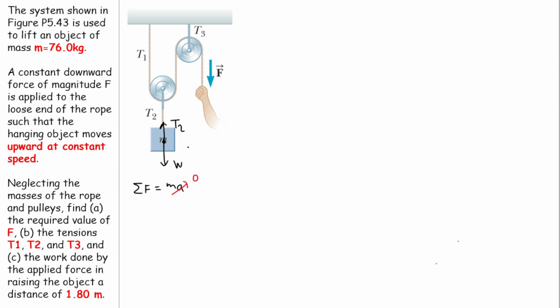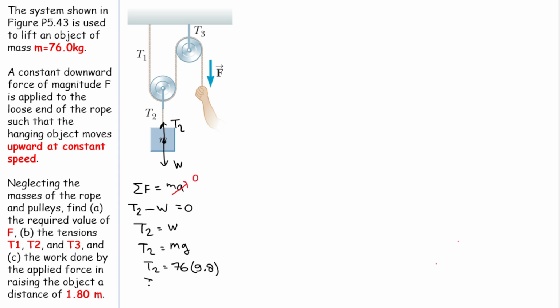The positive one here is T2, and the negative one is weight. So I have T2 minus W equal to 0, or T2 is equal to the weight of this block. The weight of that block will be the mass times gravity. The mass is 76, so I have 76 multiplied by 9.8.